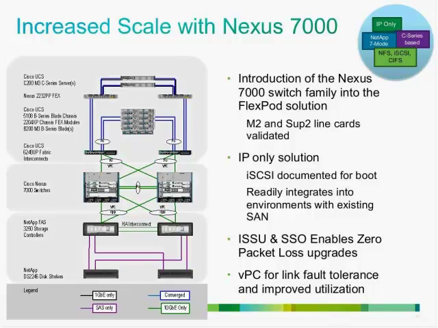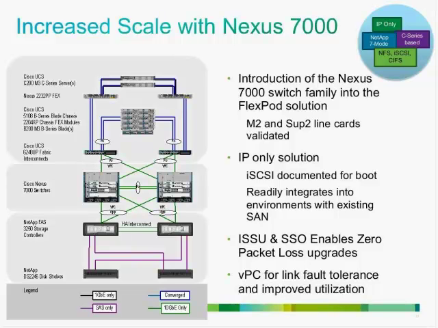And just like the IP-only entry-level system, you can't do the FC boot. Basically, you have to revert to iSCSI or PXE boot for stateless compute. We are using the same virtual port channel (vPC) concept with the Nexus 7000 as we were using with the Nexus 5000 in this design.